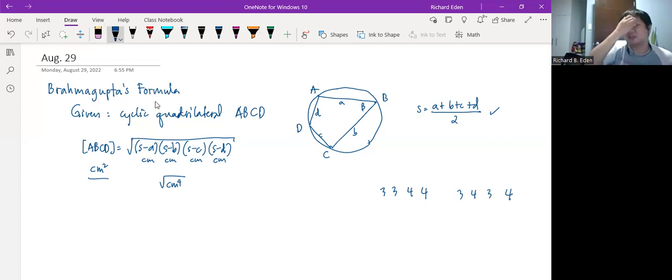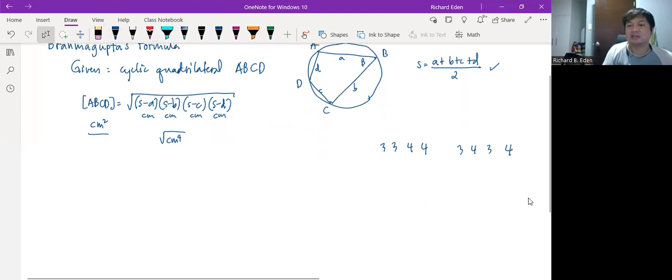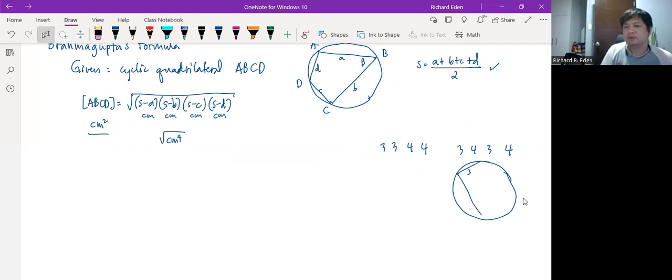Kasi in fact, these two are different cyclic quadrilaterals. Nung 3, 4, 3, 4, pero po in that order, they will be unique.